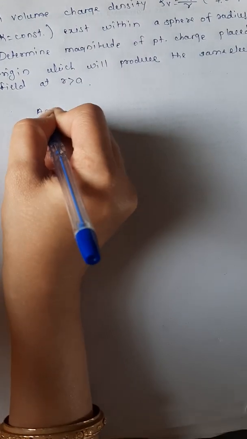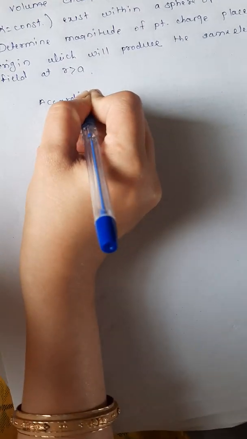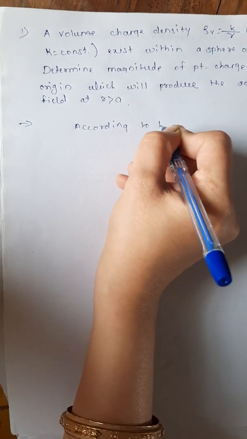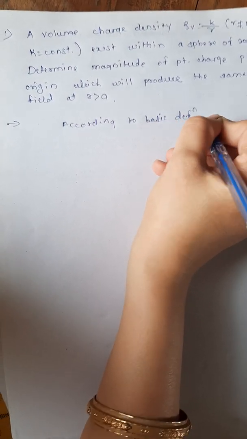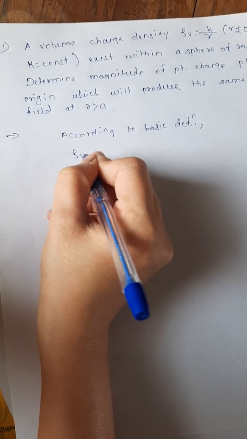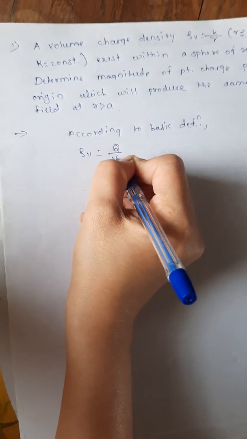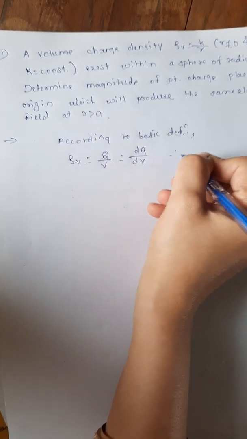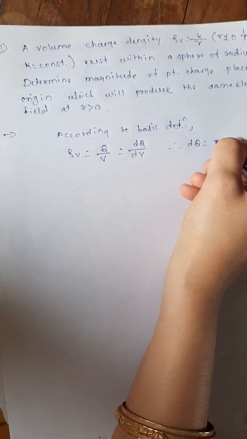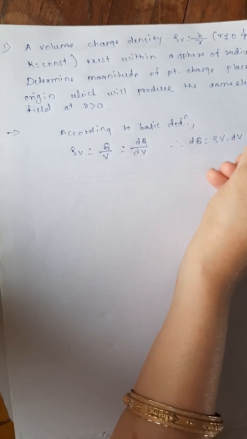According to the basic definition, rho v is equal to q by v, so it is dq by dv. Therefore we can write dq is equal to rho v dv. This is equation number 1. Now how to obtain this dv?